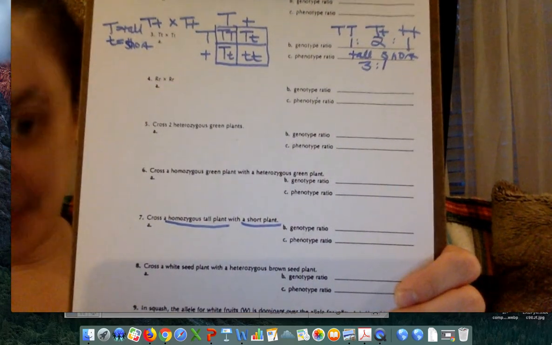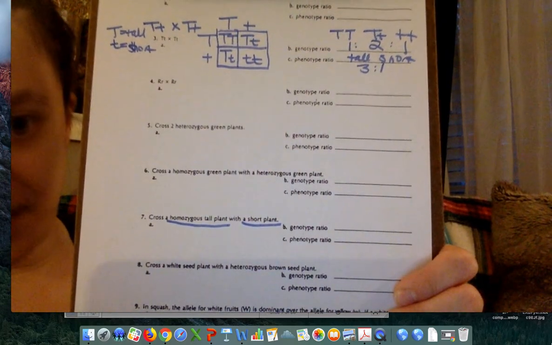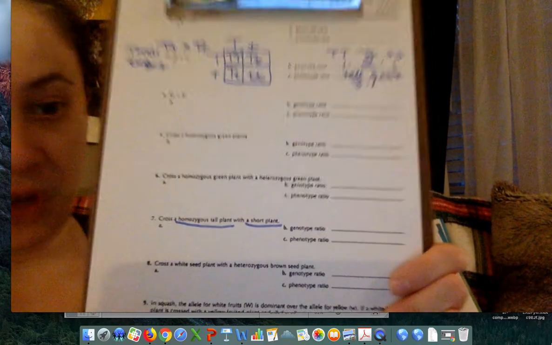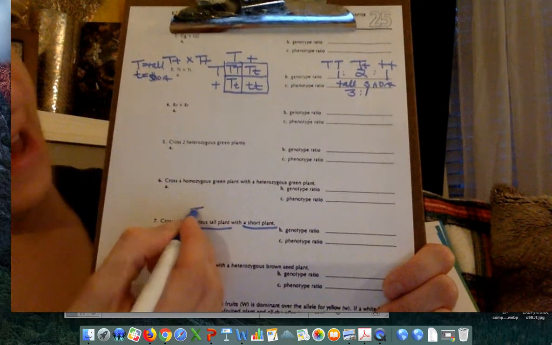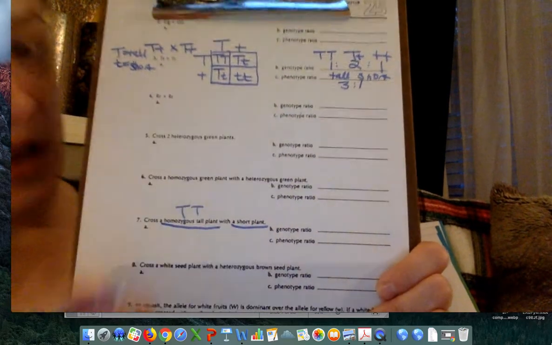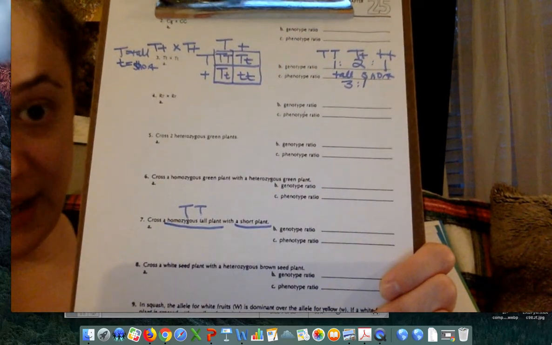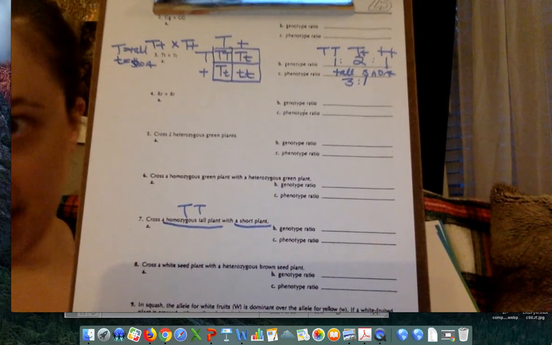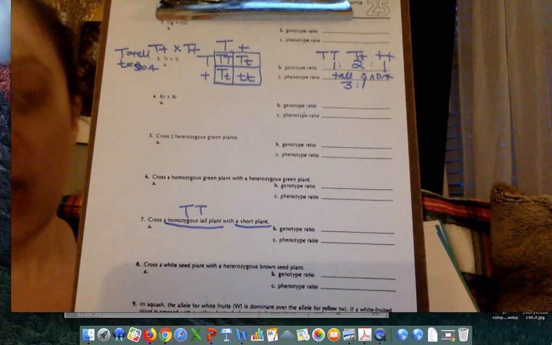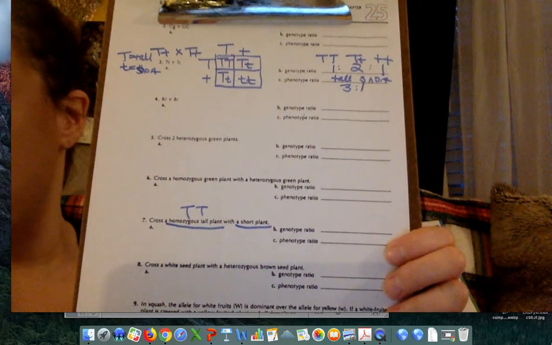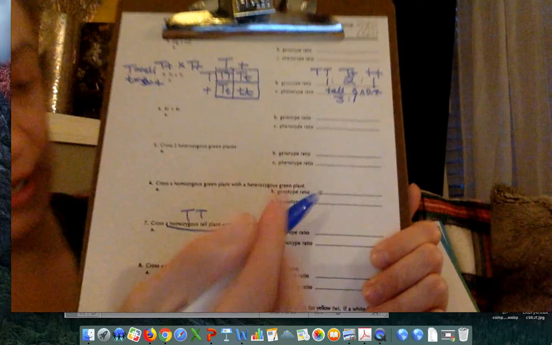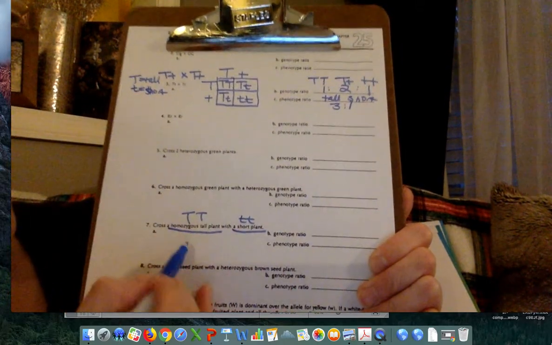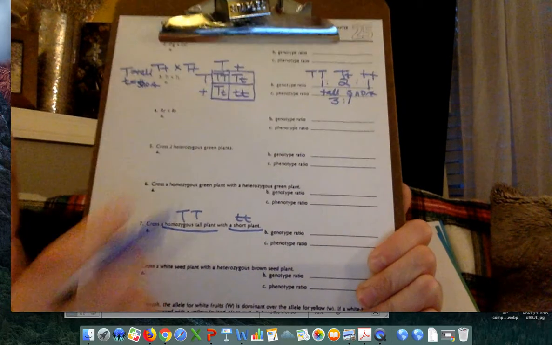So we're given, again, the words, and we have to determine the genotype. So if it's homozygous tall, we have big T, and if it's a short plant, it didn't tell us if it was homozygous or heterozygous, but because it's short, it has to be the recessive genotype. So it's little t.